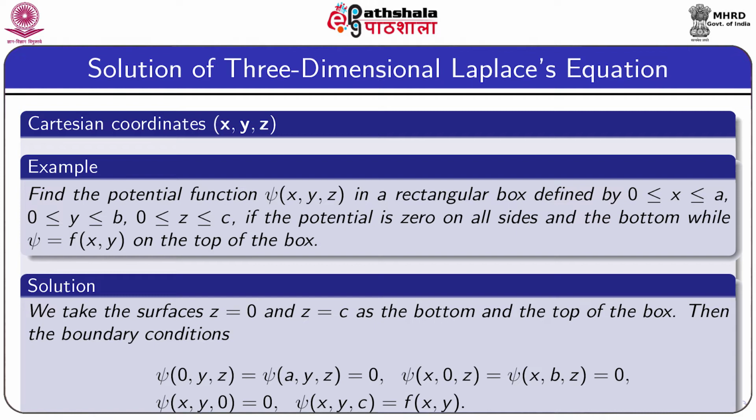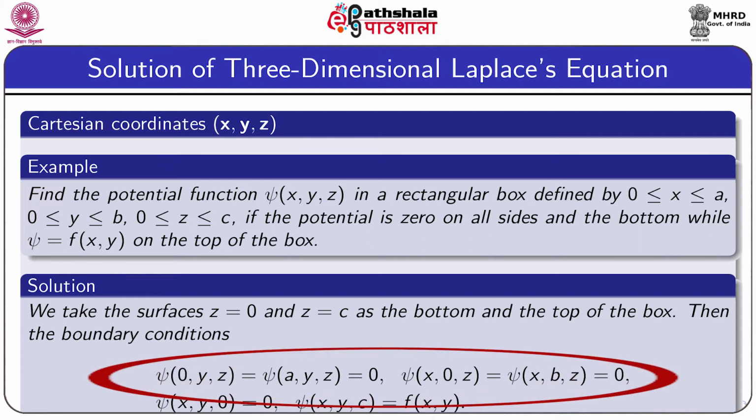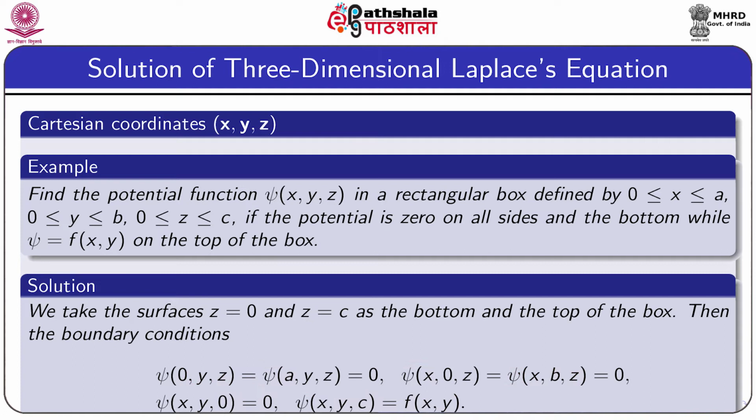If psi represents the potential function, which is a function of x, y and z, then psi at x equals 0 is 0, psi at x equals a is 0, psi at y equals 0 is 0, psi at y equals b is 0, and psi at z equals 0 is 0, but psi at z equals c is a function of x and y, which is represented by the function small f.